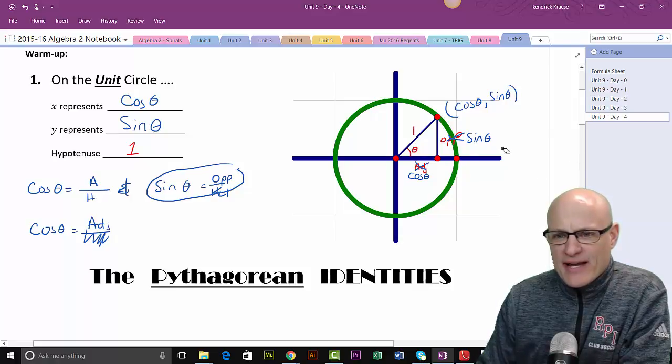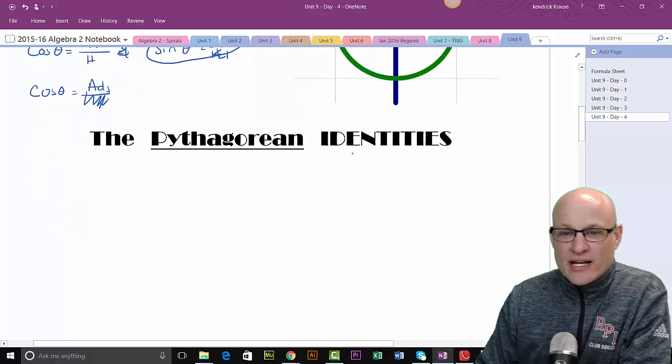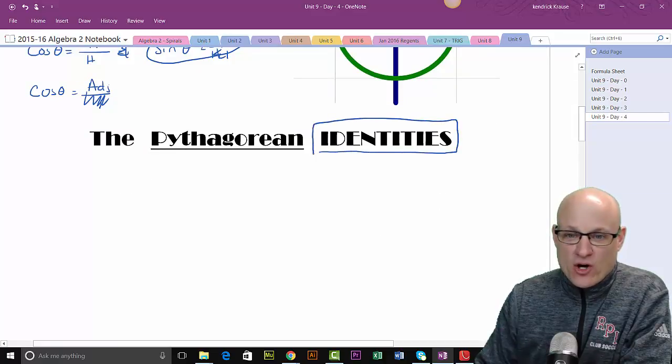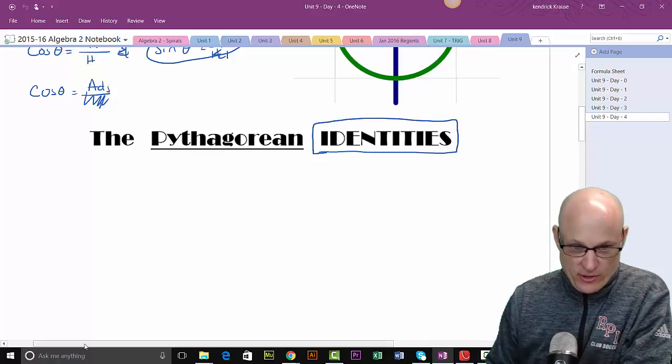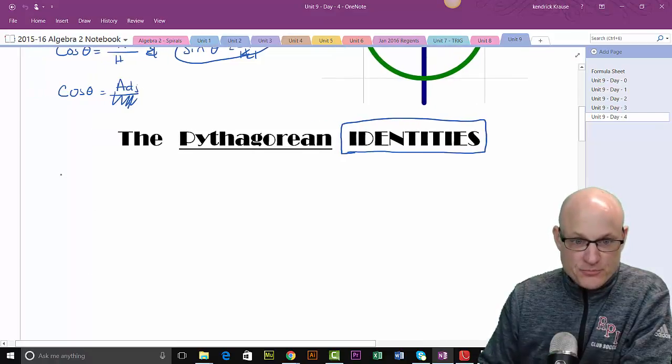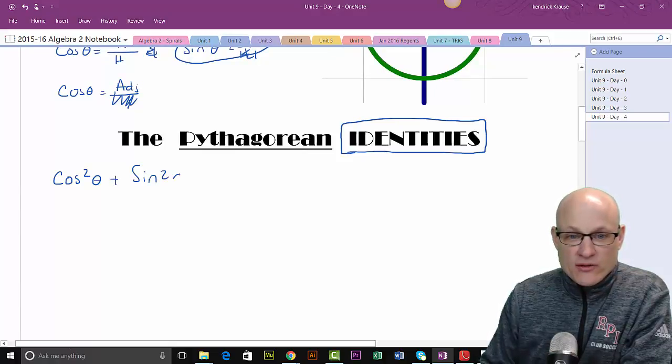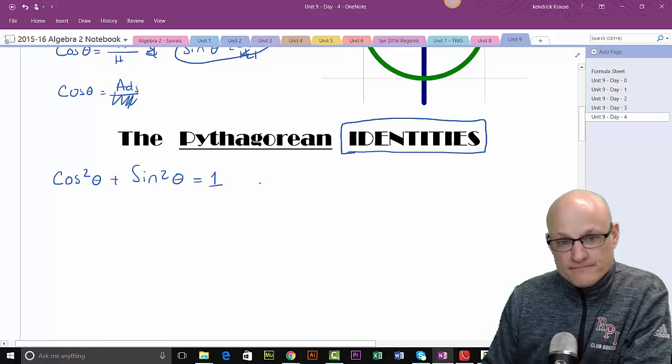If I come back to this triangle, and I know that this side is cosine theta and this side is sine of theta, then I get my first trig identity. An identity is something that is always going to be true. The first thing you're going to learn is that cosine squared theta plus sine squared theta is always going to equal 1.